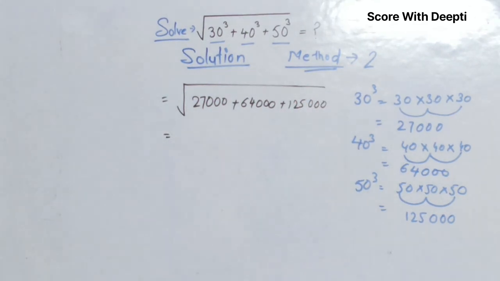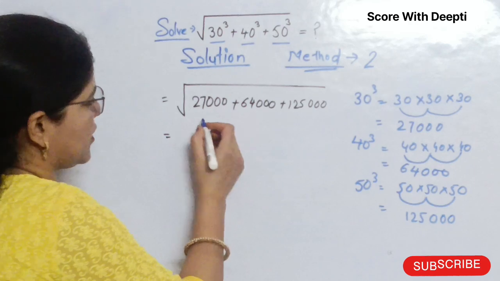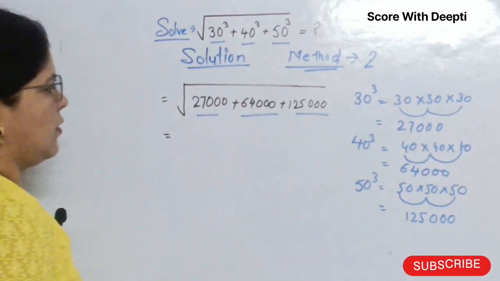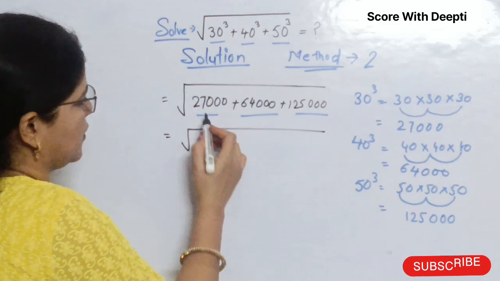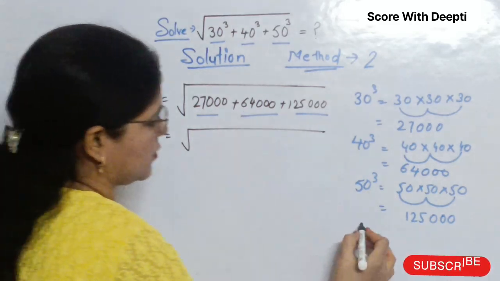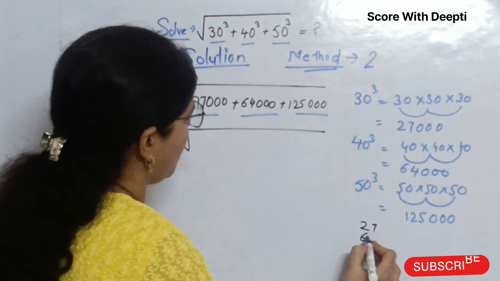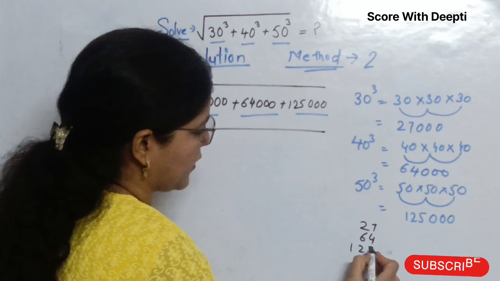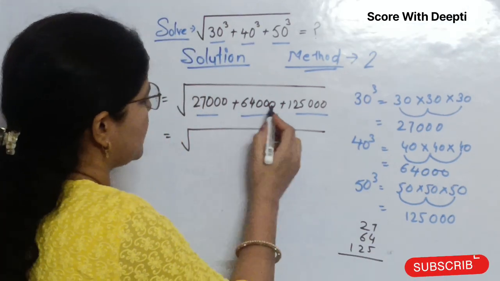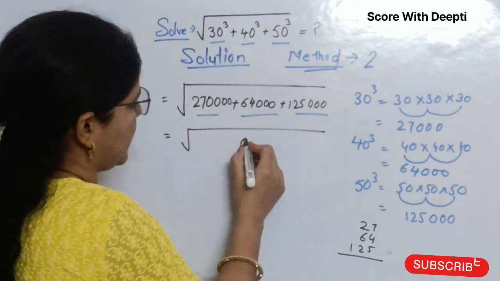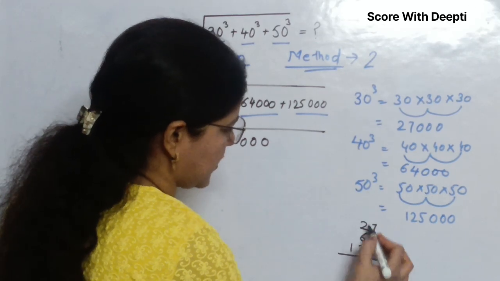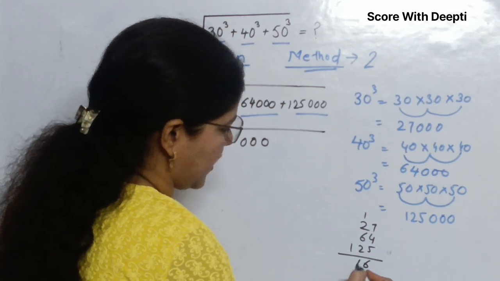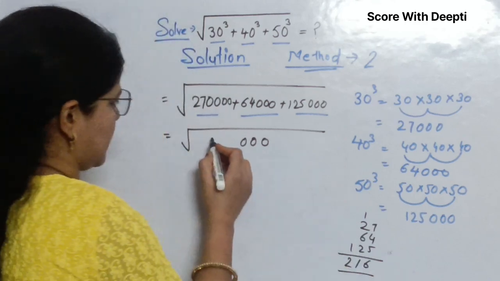Next we will add these three terms and we get 27 add 64 add 125, with 3 zeros. Here we write 3 zeros. 7 and 4 is 11, 11 plus 5 is 16, 1 plus 2 is 3, 3 plus 6 is 9, 2 and 9 is 11, 2: 216.